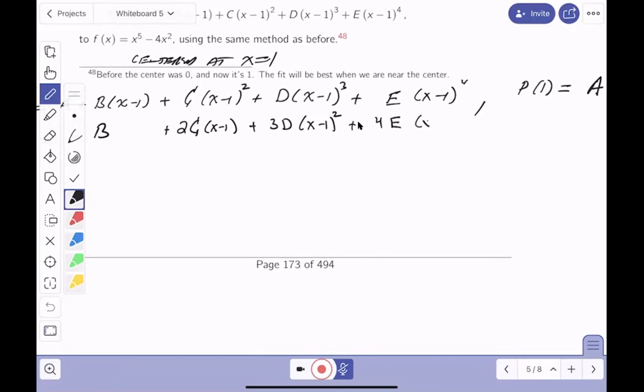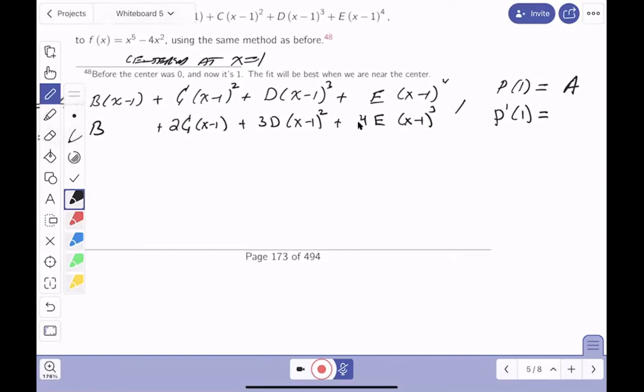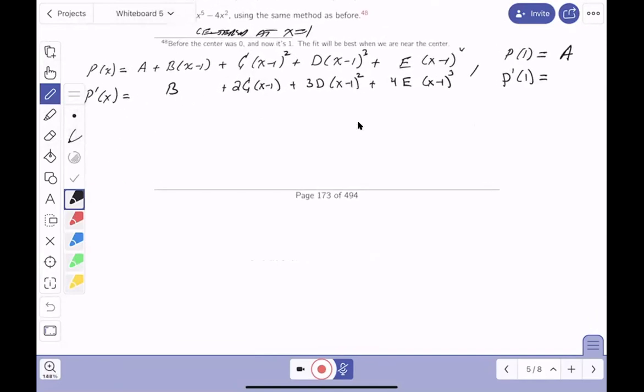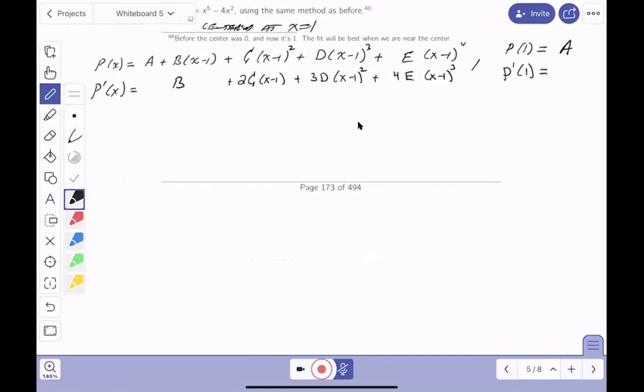This would be 4e times (x minus 1) cubed. And what's p prime at 1? Well, a lot of things disappear. I'm just left with the b. I'll put that down over here. Sorry about that. My screen's a little bit jumpy today. I actually think it's my pen.